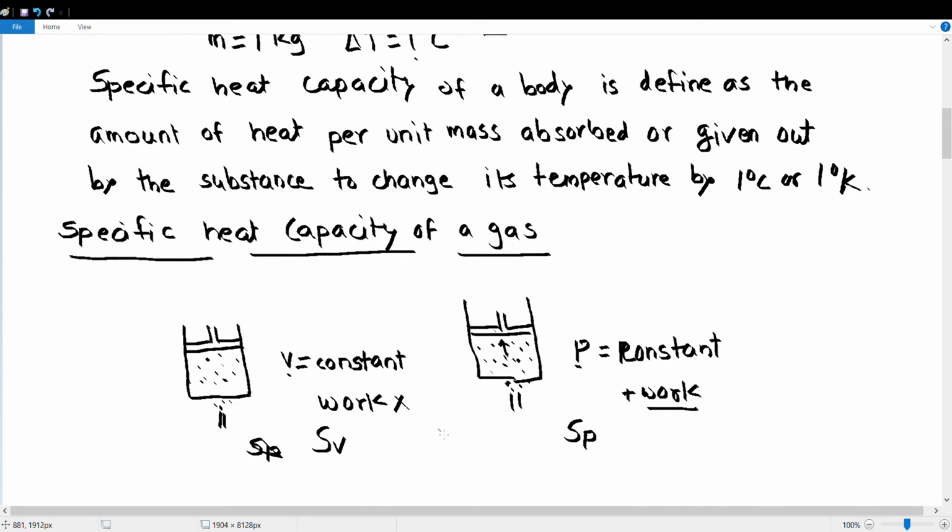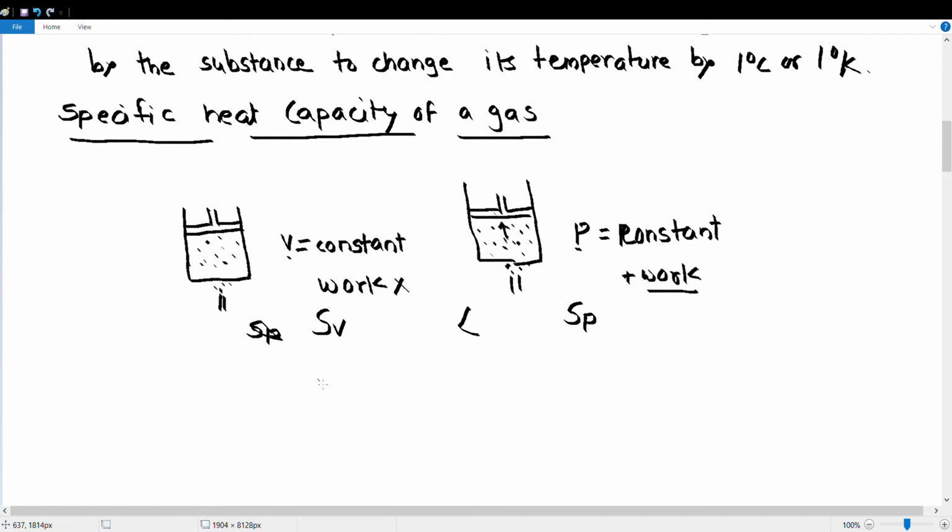And from this example you now know that the specific heat capacity of a gas at constant pressure is greater than its specific heat capacity at constant volume, because when the volume of the gas is constant, no work is done.